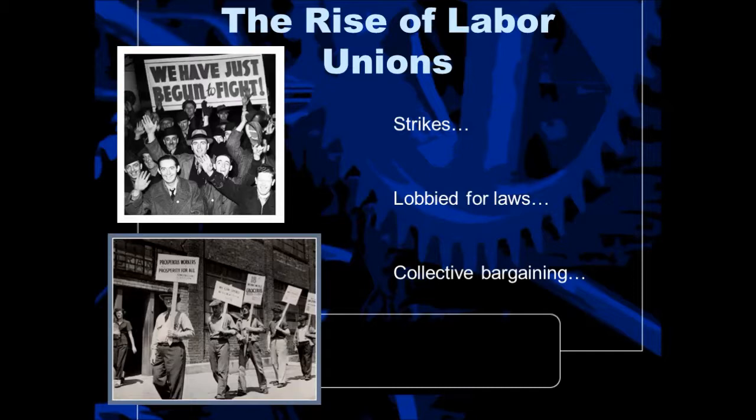Most often, the strikes were to get increased wages and improved working conditions. Those were the two big things. Again, one more time, increased wages and improved working conditions for everybody, men, women, and children. And they lobbied for laws to improve the lives of workers, including the women and the children specifically. There were laws that said that children could only work so many hours a day.